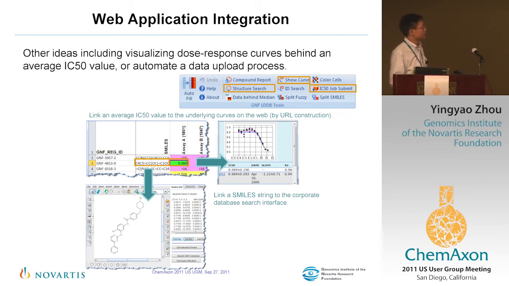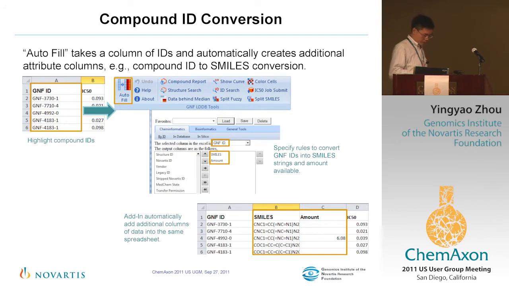So when you click on show curve, the adding will look horizontally and find the compound ID, and look vertically up and find the assay ID, and use those two IDs to construct a new URL, and that URL will know how to go to the data warehouse to pull the relevant data.